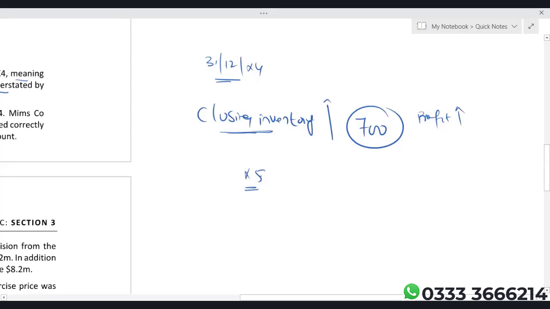X4 closing retained earning. Actually, closing inventory of X4 is actually the opening inventory for X5. It means opening inventory of X5 is overstated.